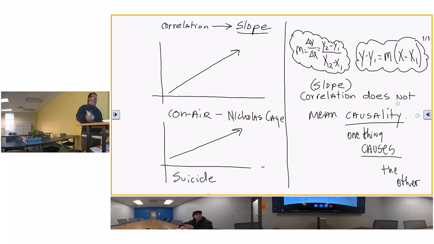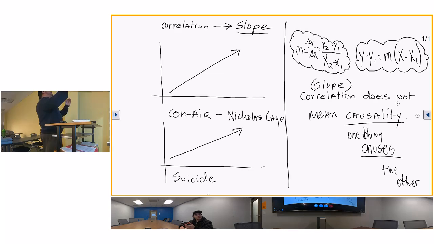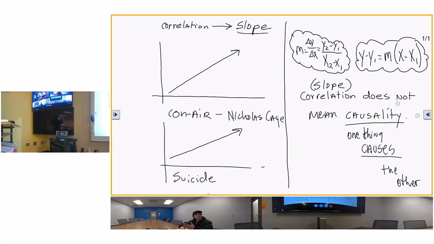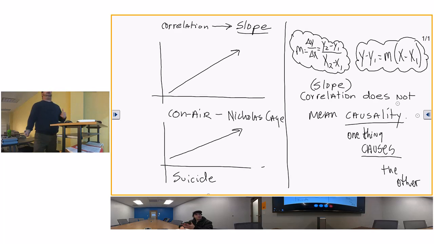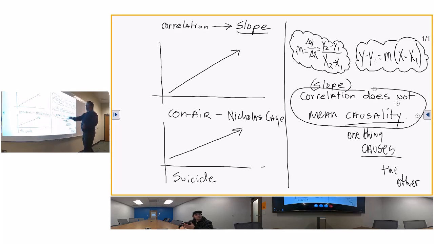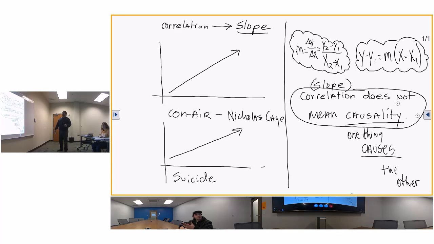But the whole point is, just because you have two things in the universe that show the same line, doesn't mean what? Does it mean causality? All right? So what is causality? I drink too much wine, I have to pee. If you monitor how many glasses of water you drink, will that have a direct correlation to how many times you go to the bathroom?